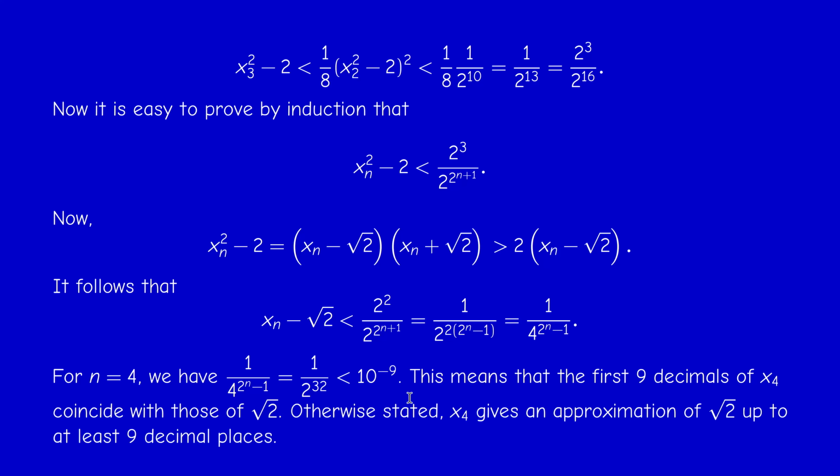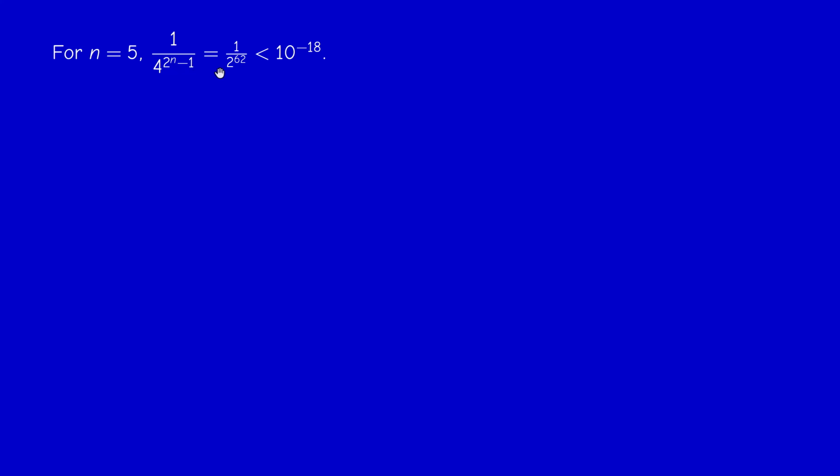Okay, if you take n equal 5, we get something better. The error is less than 1 over 2 to the 62, which is actually 2 billion times 2 billion. So it's 4 billion billion, okay?